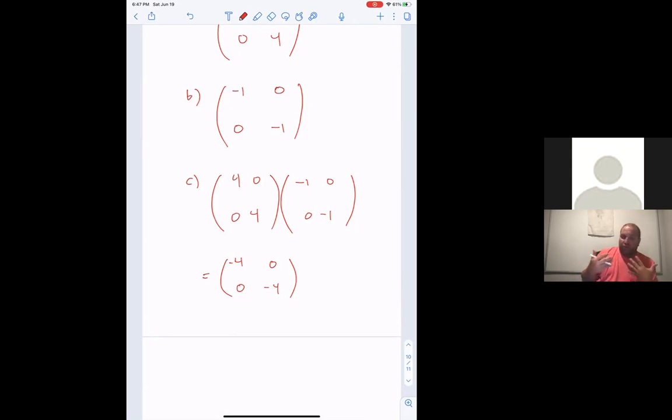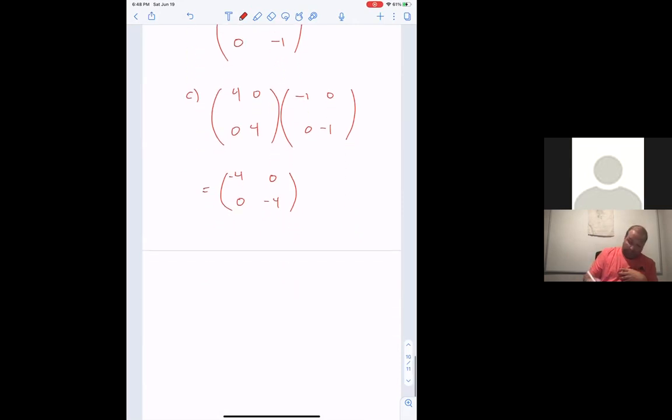So it seems very reasonable why an enlargement of scale factor -k is interpreted as rotate by 180 degrees and then stretch by a positive scale factor k.